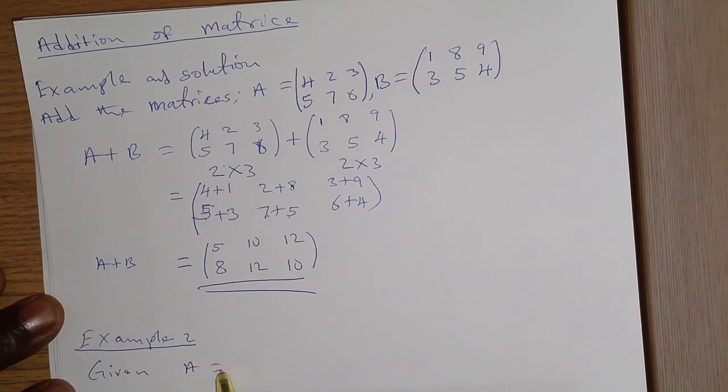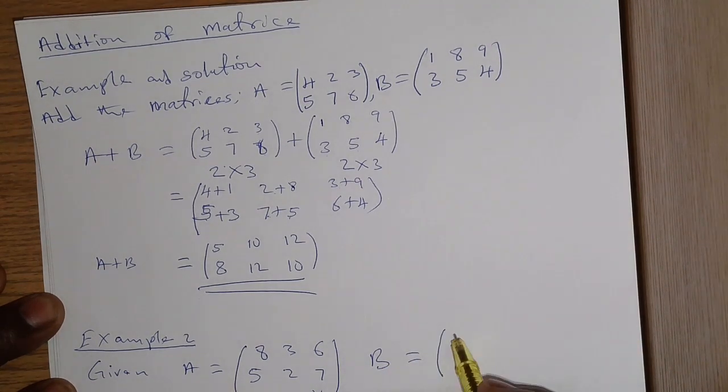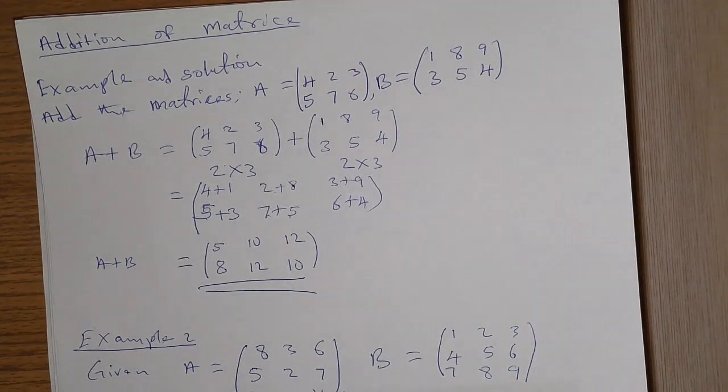A equals, open bracket, 8, 3, 6, 5, 2, 7, 1, 0, 4, close bracket. Then we have matrix B equal to 1, 2, 3, 4, 5, 6 and 7, 8, 9. This is a 3 by 3 matrix. Solution.